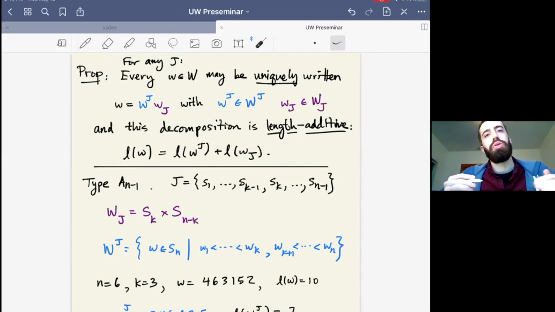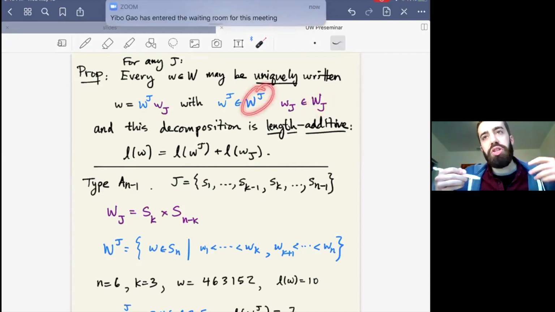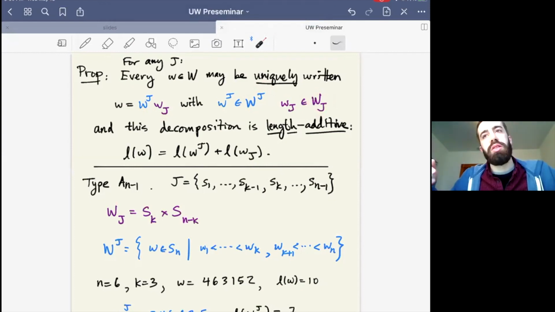Just stopping there, that claim is pretty clear. W sub J is a subgroup, and by definition, I've picked out one element in every coset. So it's just a basic statement from group theory, what I've said so far.